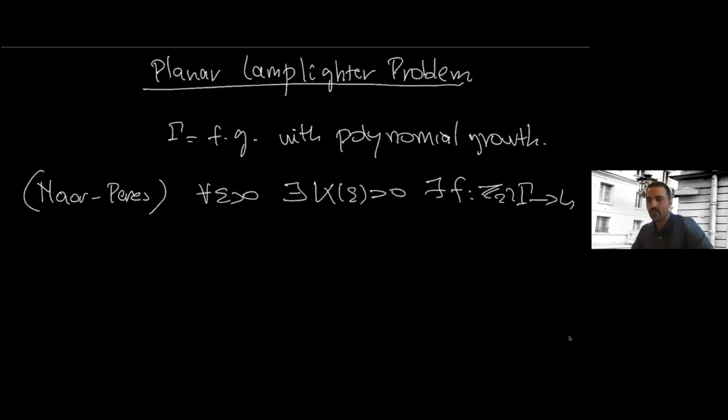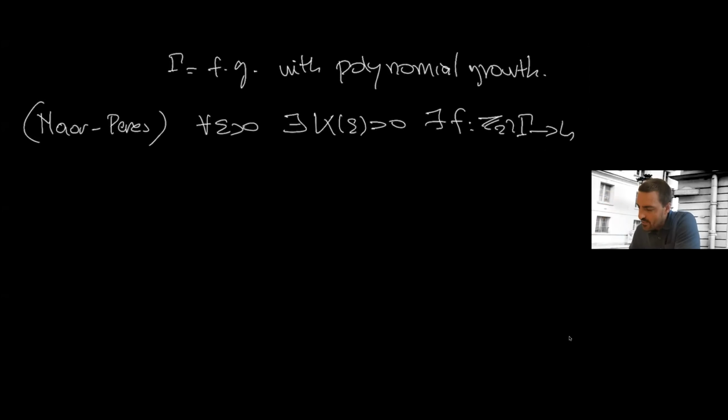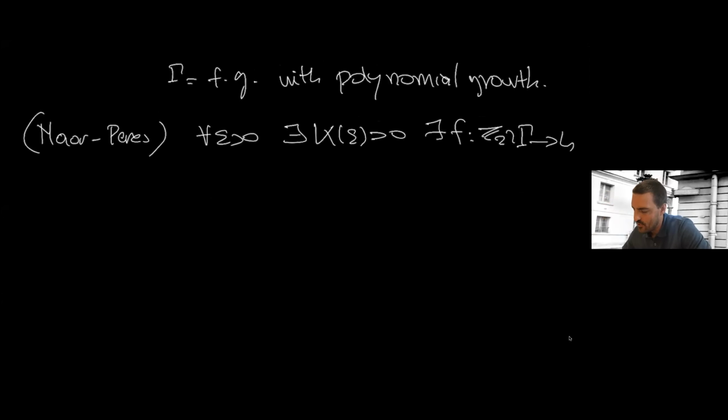So what is the growth of a group? These are finitely generated groups, so the balls have finitely many elements. And actually the number of elements does not depend on the center of the ball. Polynomial growth just means that the number of elements in a ball of radius R is polynomial in R, so R squared or to some power. So these are well-studied groups.